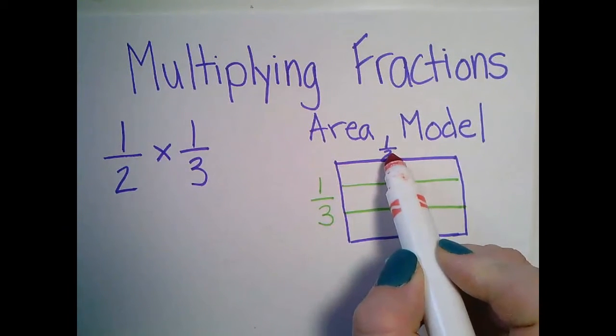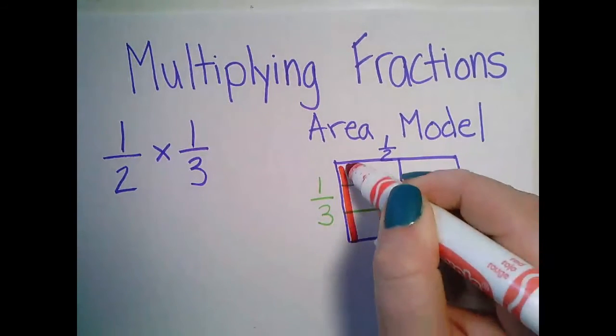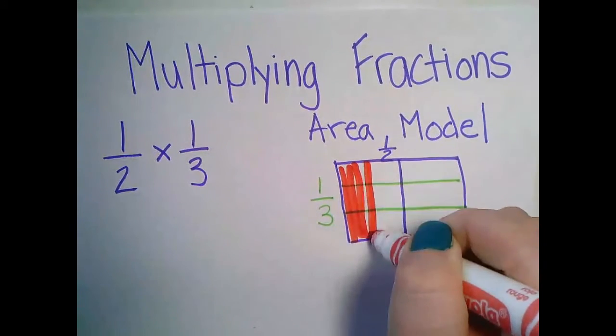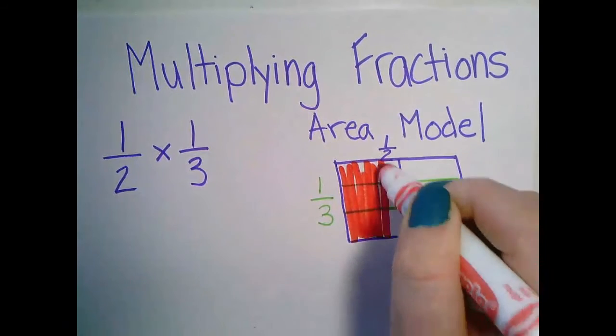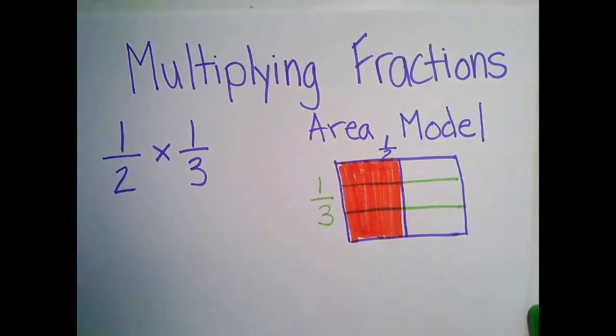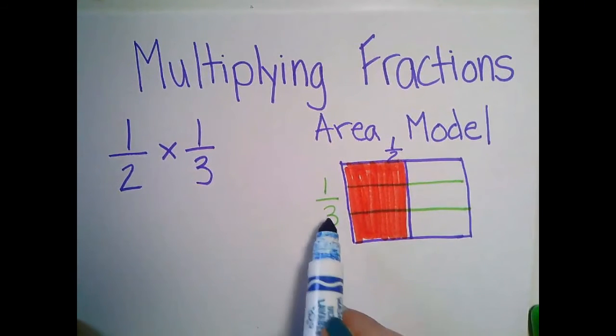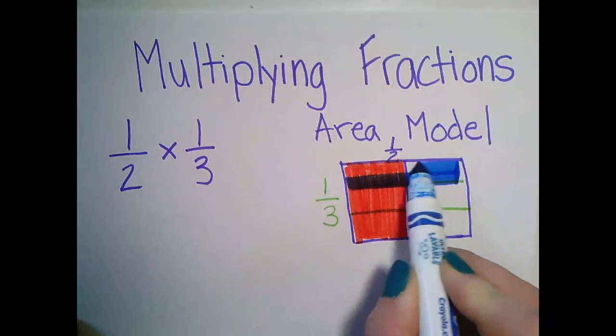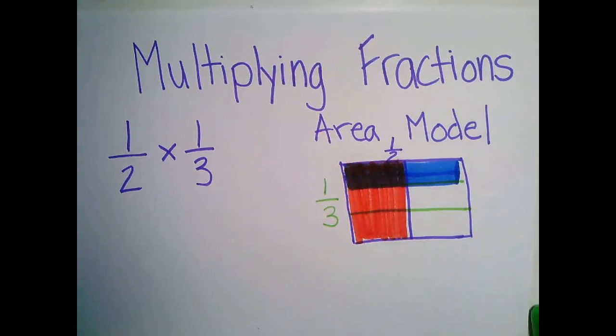For 1/2, I'm going to actually color the whole 1/2 of the square, like so. Now that represents the 1/2 in our problem. And then for 1/3, I'm going to color 1/3 of the area model.